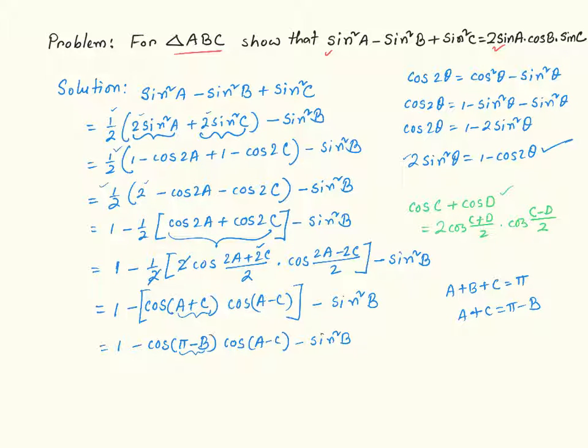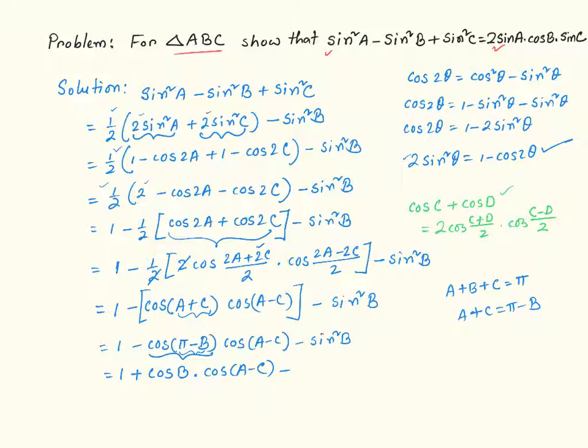Now pi minus B is in the second quadrant, so in the second quadrant the cosine is negative, so it's going to be 1 minus, but there is going to be a minus coming in from here, so that's going to make it plus, right? Cosine of B times cosine of A minus C, right?